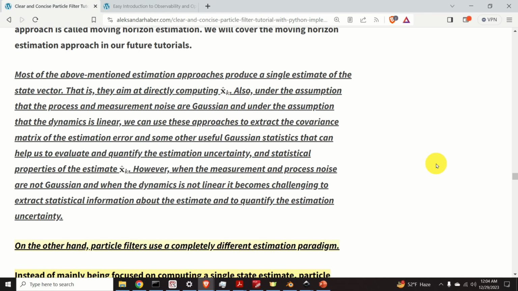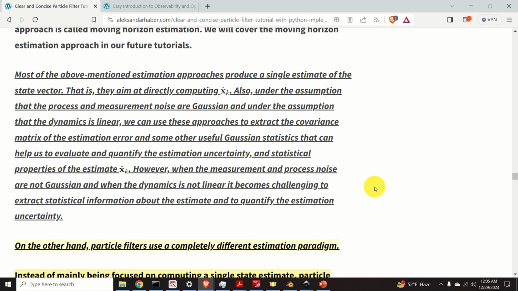Almost all of the so far mentioned estimation approaches produce a single estimate of the state vector. That is, they aim at directly computing xk hat. Also, under the assumption that the process and measurement noise are Gaussian and under the assumption that dynamics is linear, we can use these approaches to extract the covariance matrix of the estimation error and some other useful Gaussian statistics that can help us to evaluate and quantify the estimation uncertainty and statistical properties of the state estimate xk hat.